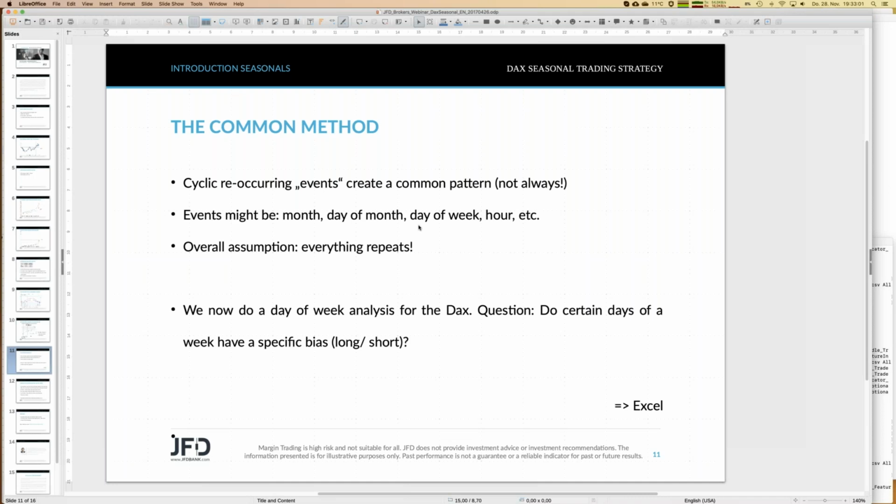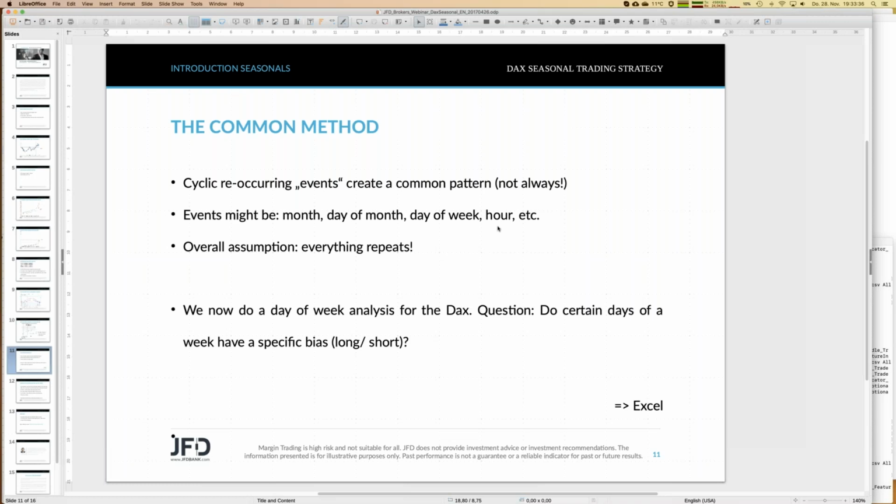So maybe, and that's now not something I can prove, but we could do that kind of analysis, but I haven't done it, that maybe during the first 2 hours when the market opens, we have a specific tendency, or during the closing, maybe for the DAX between 6 o'clock and 10 o'clock p.m., maybe we might find something special there as well.